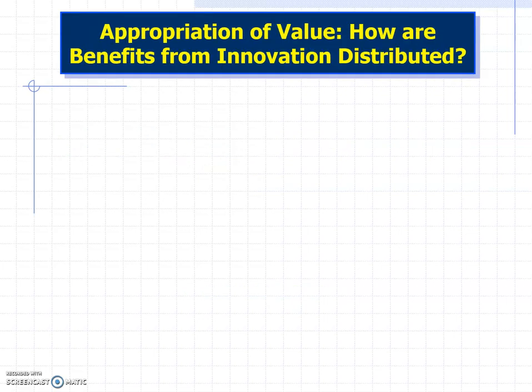So there's a problem. In fact, the question then is how to appropriate the value of an invention, or, when you ultimately are able to commercialize it, how can you get the value from that innovation?